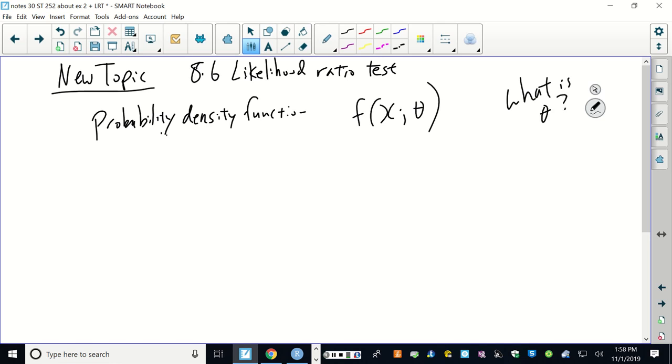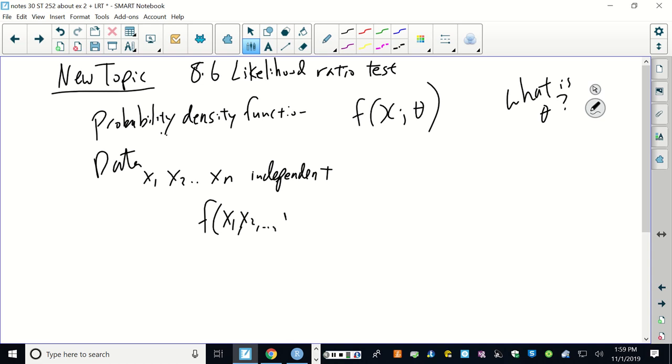And we're going to approach that as a hypothesis test. We're going to get data, x1, x2, xn, and we're going to assume that they're independent from this distribution, so that the joint distribution of all the data together, all the values we would see, dependent on theta, becomes a product of all the individual densities.